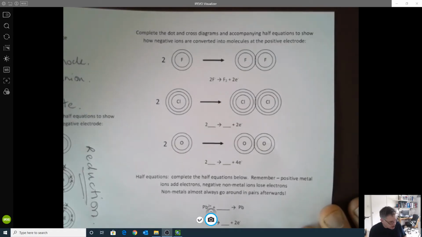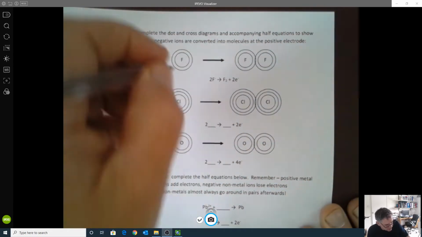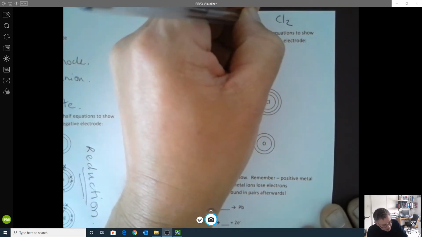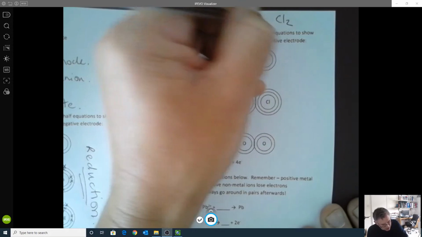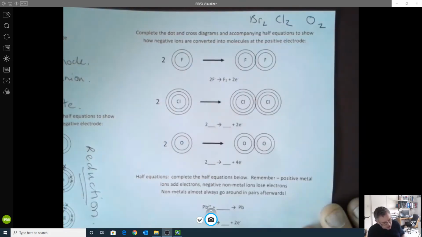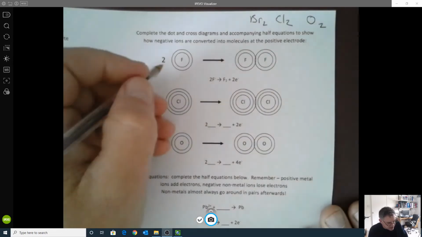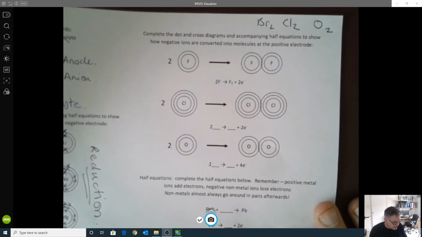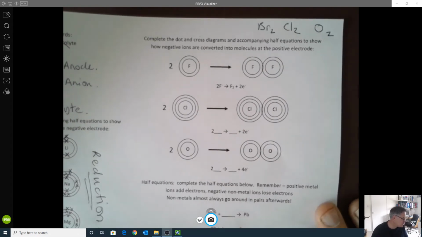All of those go around in pairs because the formula of chlorine is Cl2, the formula of bromine is Br2, the formula of oxygen is O2. So because all of those atoms go around in pairs, then I need to take 2 of the ions. So fluorine, if I look at fluorine, it's got an atomic number of 9.